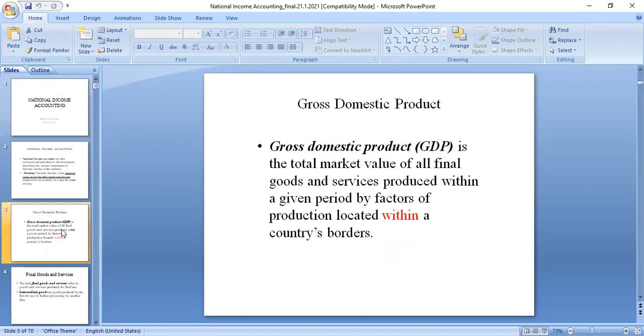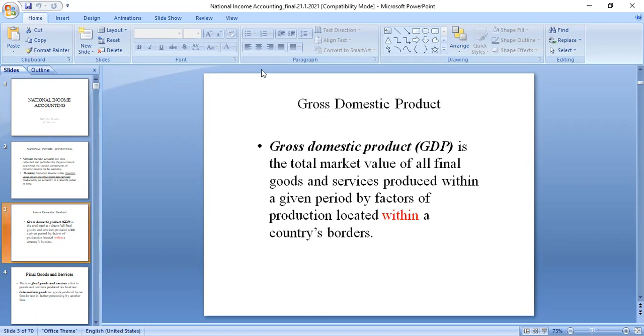Gross domestic product. Gross domestic product refers to the monetary value of final goods and services that are produced within a country's borders. Yeah, within a country's borders.